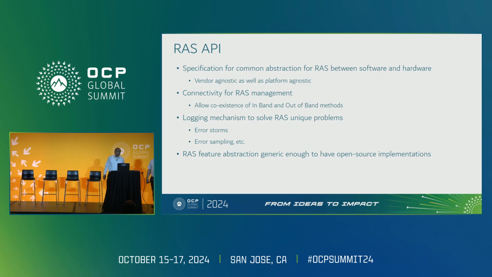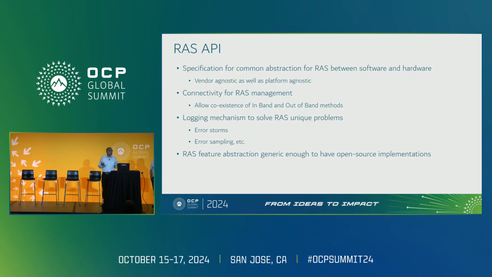And then the RAS API. This work stream is focusing on the platforms, where you have all the information about reliability, availability, and serviceability. How do you bubble it up, from both the software standpoint and the hardware standpoint? That's what it's focused on: RAS management.